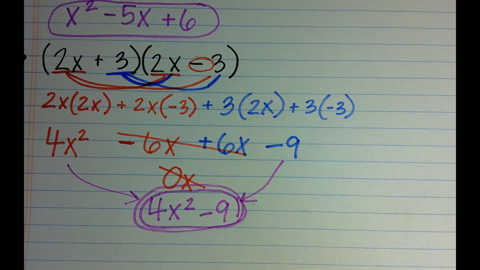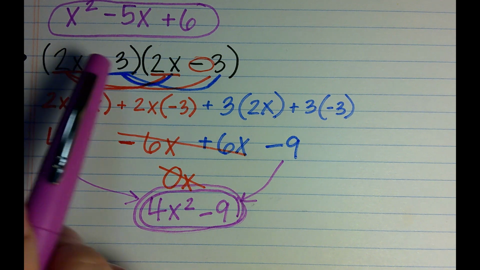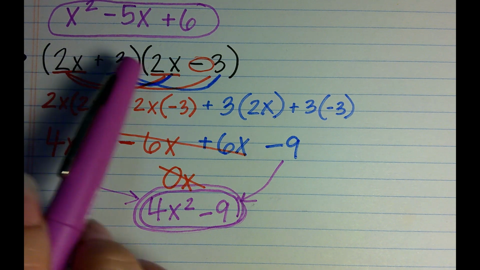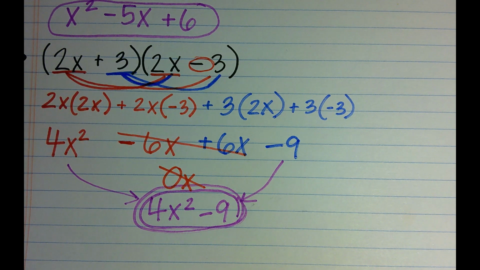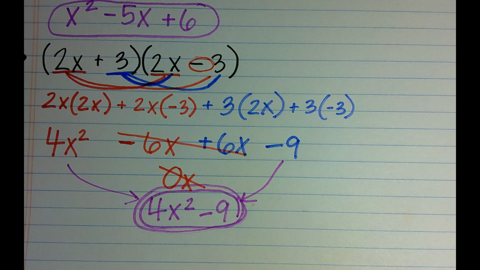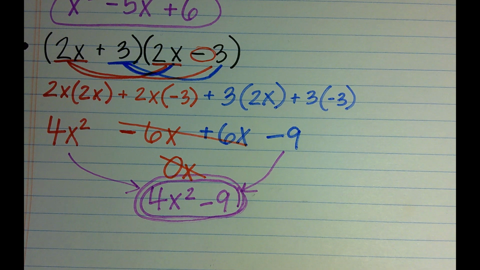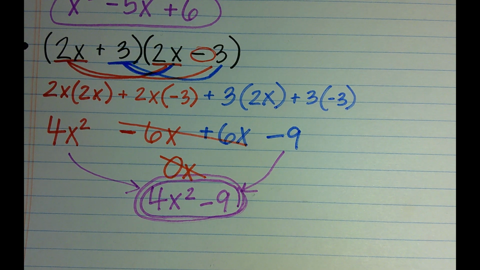And this is another pattern that you may come to recognize later on, way down the road. Whenever we have two binomials that have the same numbers but opposite signs, where we have 2x plus 3, 2x minus 3, that middle term is always going to cancel out. We'll have no middle term, which is kind of cool to think about. So there's a fun example.